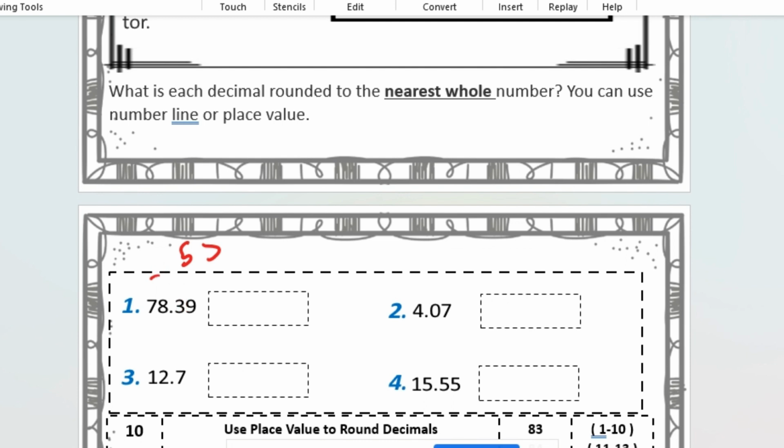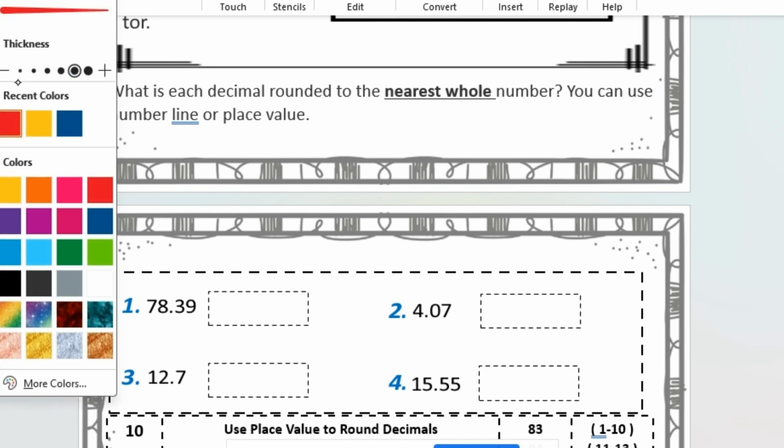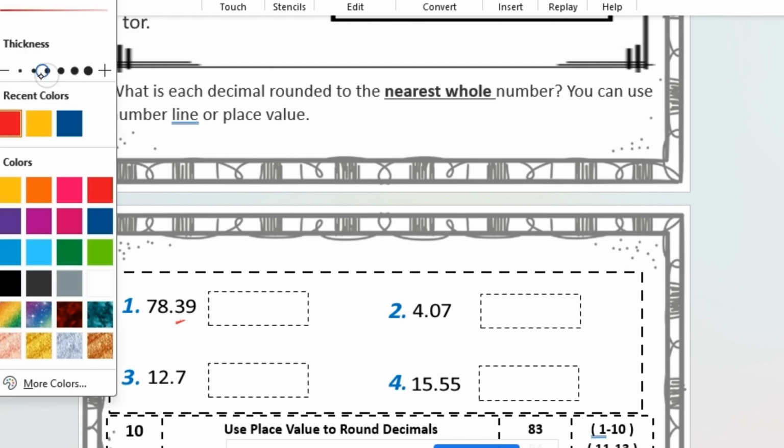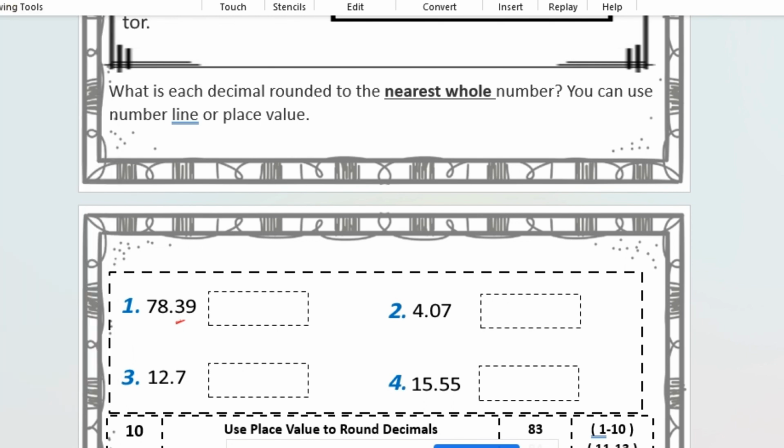So here we have 87.39. We look at the first number after the decimal point, which is the number 3.